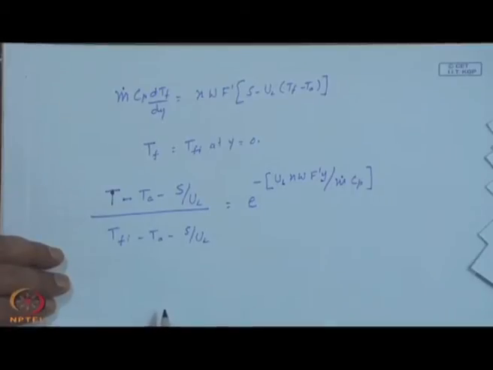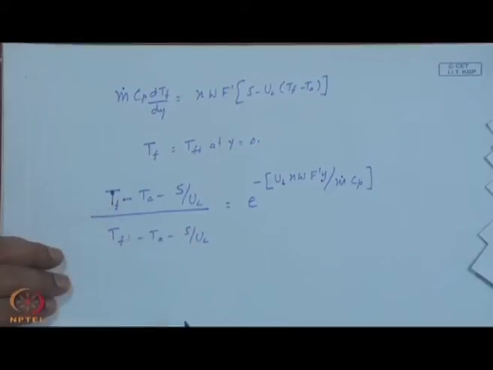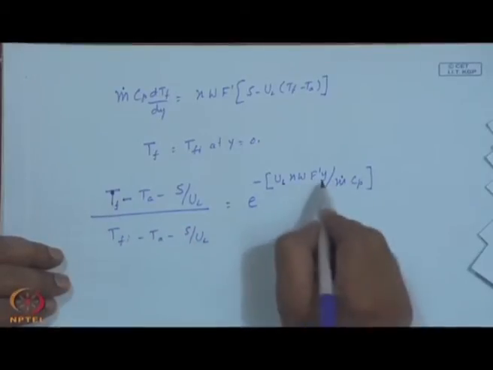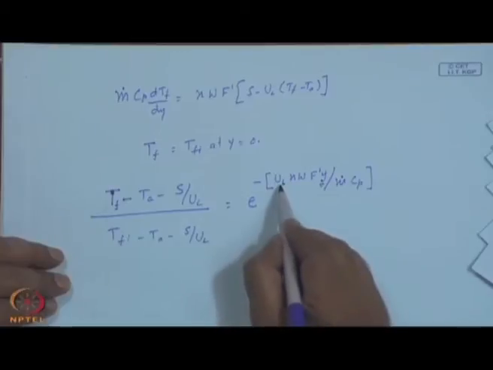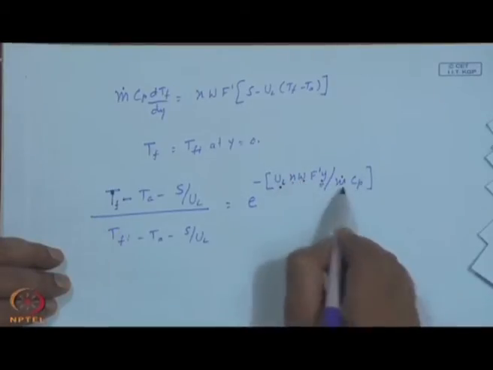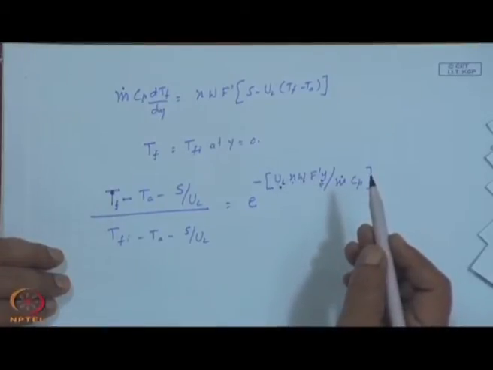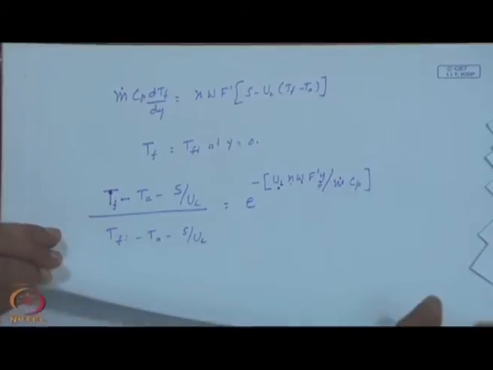So, T f changes according to y depending upon the overall loss coefficient, spacing, number of tubes and the mass flow rate. M dot by n is nothing but the mass flow rate per tube and the C p.